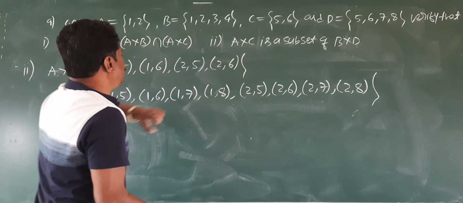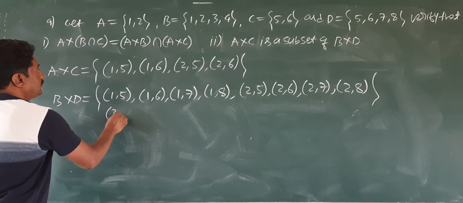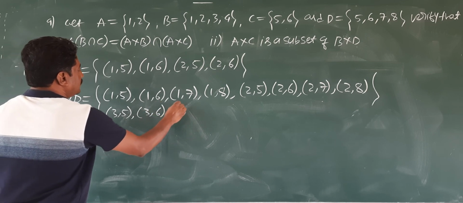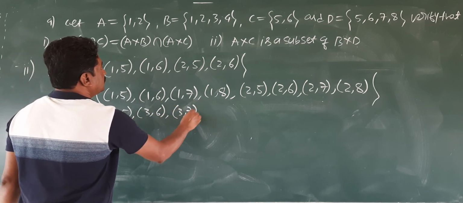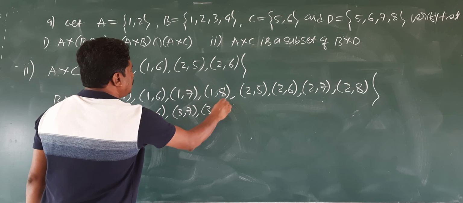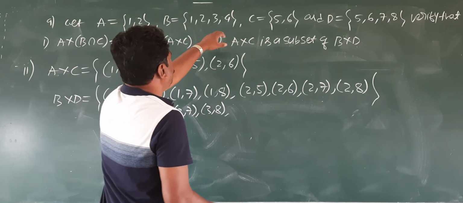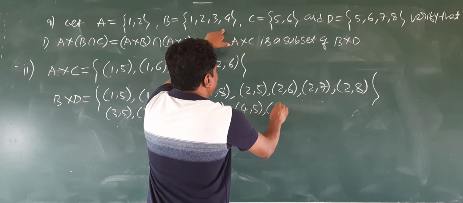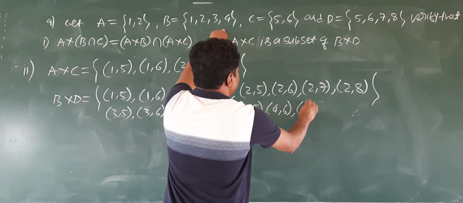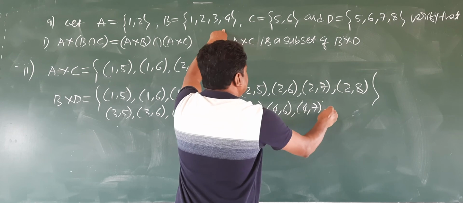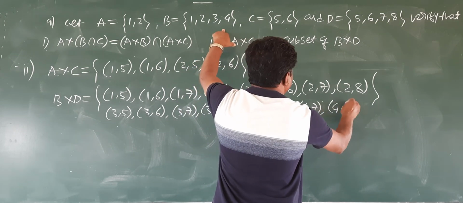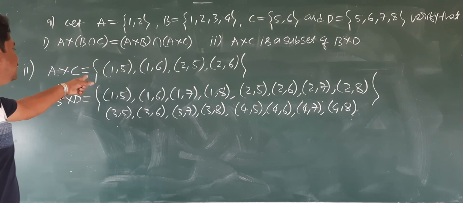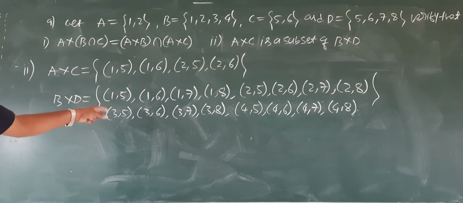Next 3, 5. 3, 6. 3, 7. 3, 8. Next 4, 5. 4, 6. 4, 7. 4, 8. Now let us check whether A cross C is a subset of B cross D.